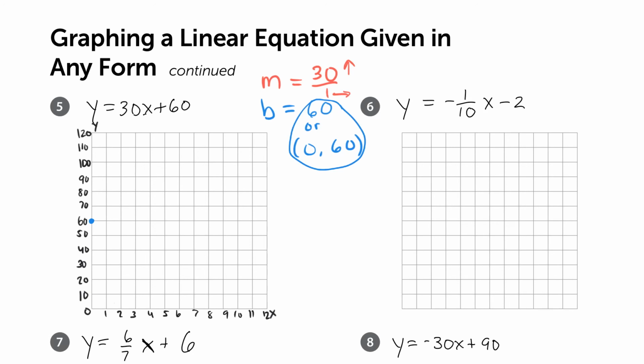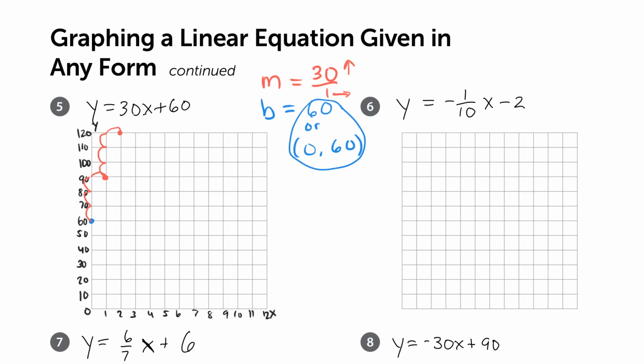If I'm at 60, that'll be 10, 20, 30. And then I need to move right 1 space. Then plot your point. Then I continue that pattern until I cannot continue any further. So I'm going to go up 30 again. 10, 20, 30. Then right 1, my bad.